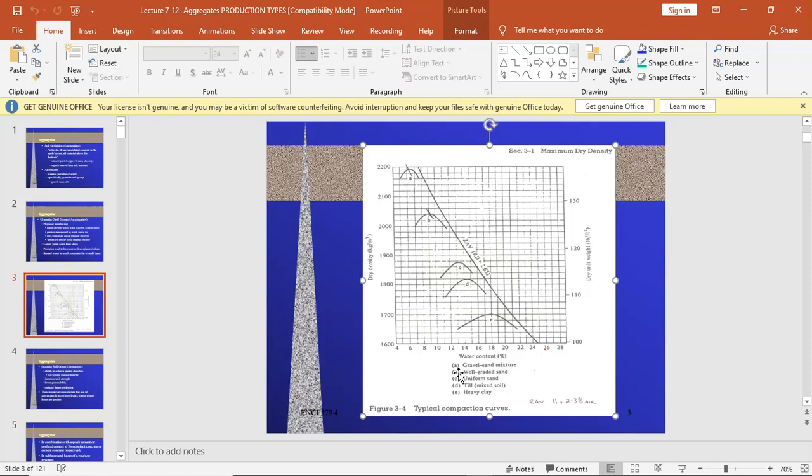Normally, we prefer a coarser aggregate, because it will resist more and may absorb less, so it may have less asphalt content. That's also good, because then you will have less cost. But again, coarser does not mean everything is open graded.